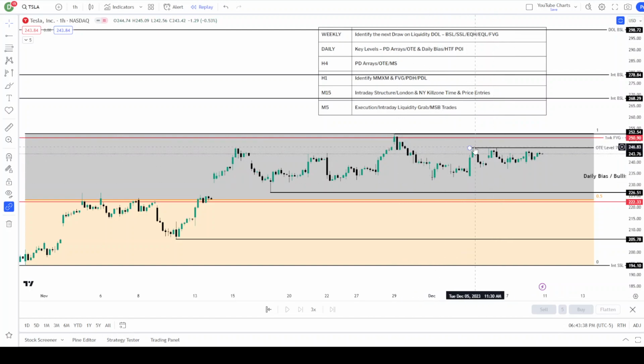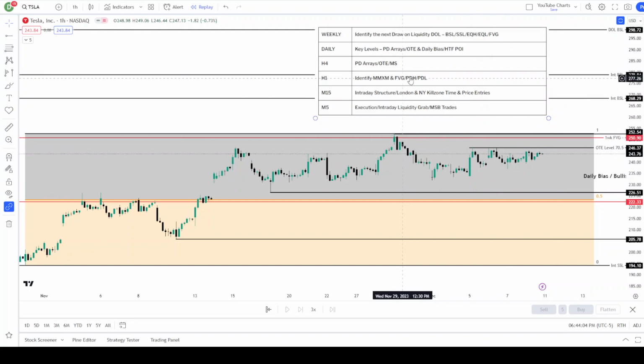That would be a classic ICT market maker shift, where we were in a market maker buy model. We are looking for the potential that we've transitioned into a market maker sell model, but we haven't seen confirmation of that yet. The first indicator would be this optimal trade entry, but if we pop up higher, then we haven't seen that shifted to a market maker sell model yet.